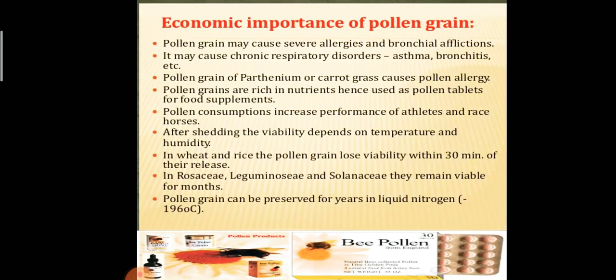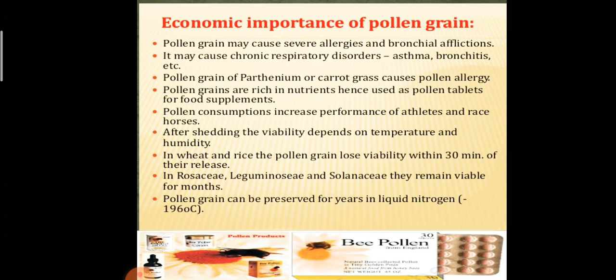In a typical plant, pollen grains are economically useful and important. We know that pollen causes allergies, like parthenium or carrot grass, commonly known as congress grass, which produces different allergies in human beings: skin allergies, asthmatic allergies.